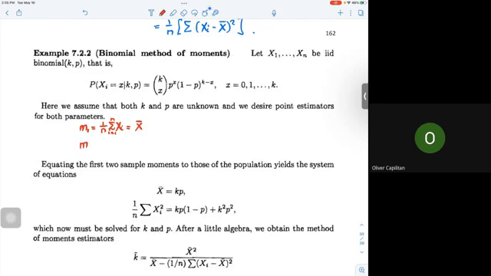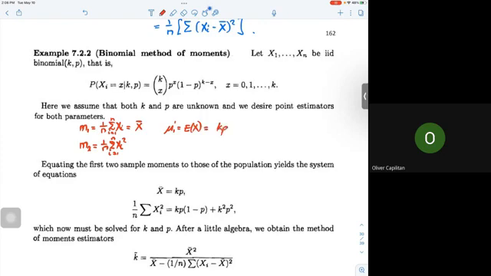Same as in our previous example, for the second sample moment, 1 over n, the summation of x sub i square from 1 up to n. While for the first population moment, mu sub 1 prime, we have the expectation of x. Okay, the expectation of x, and in this case, it is equal to kp.